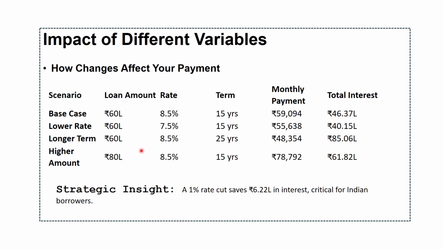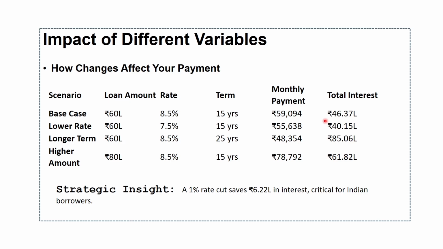Scenario 1, a lower rate of 7.5%. Payment drops to 55,638, interest to 40.15 lakh, saving 6.22 lakhs, again a game changer for Indian borrowers.